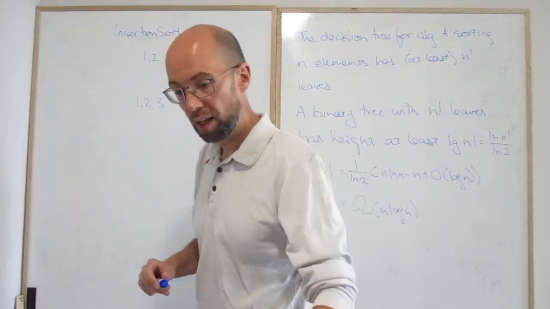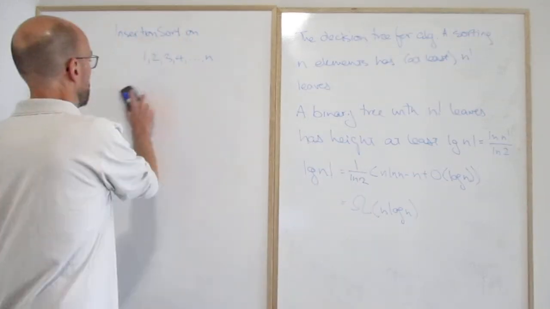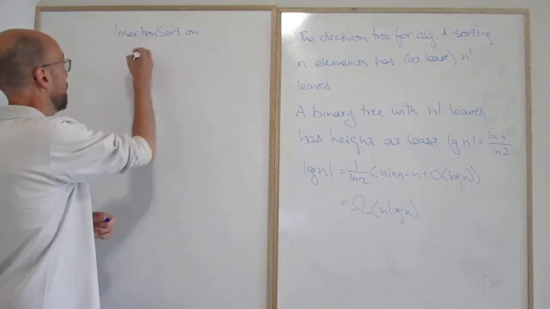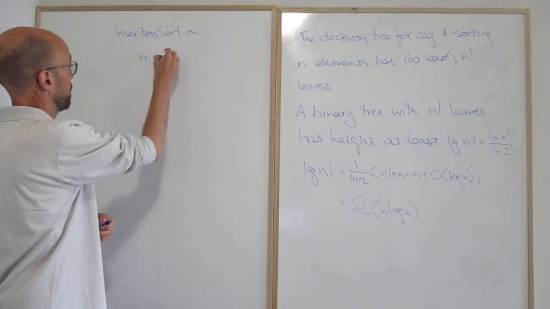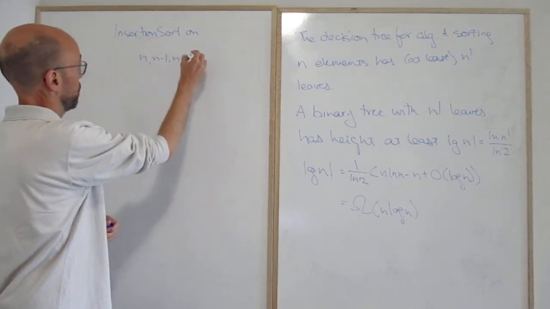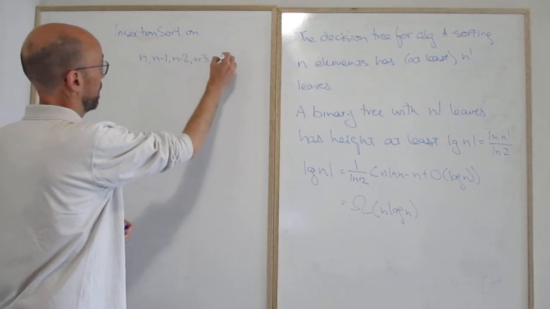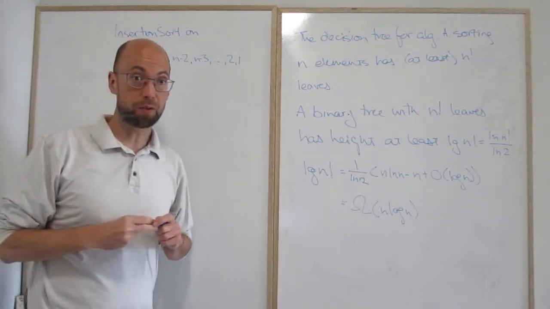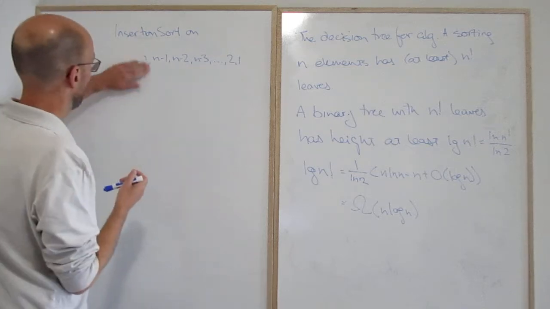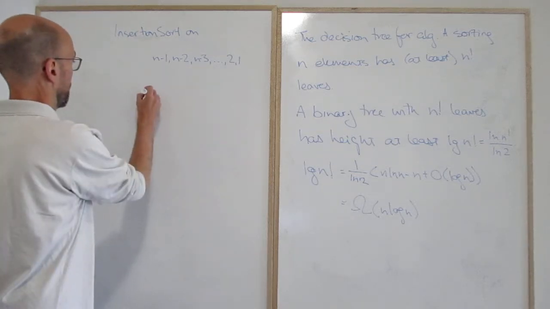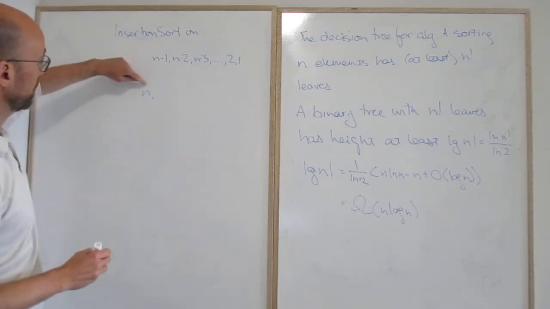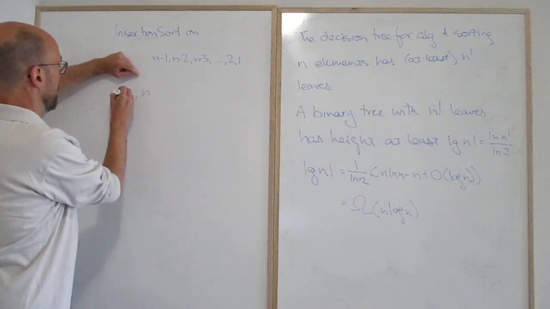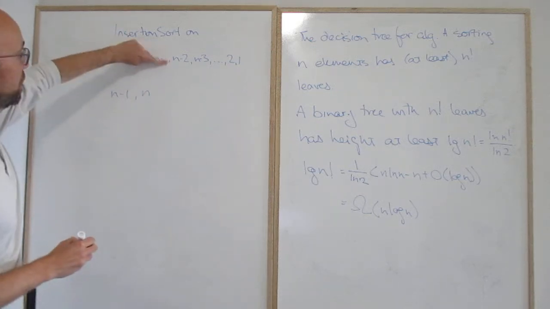But now, let's consider insertion sort if you give it the numbers n, n minus 1, n minus 2, n minus 3, down to 2, 1. What's it going to do? It's going to take n and put it here. It's going to take n minus 1, compare it to n, and put n minus 1 in front.